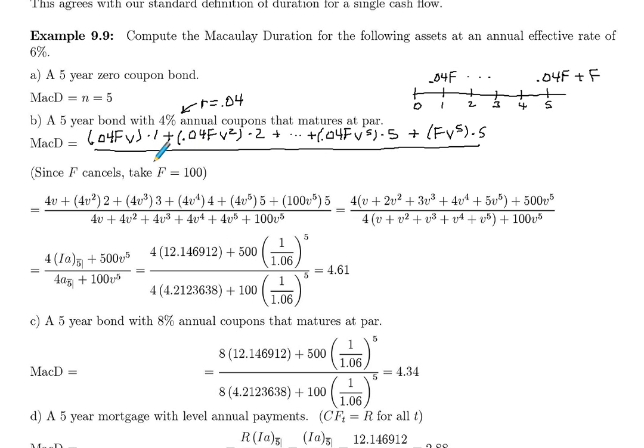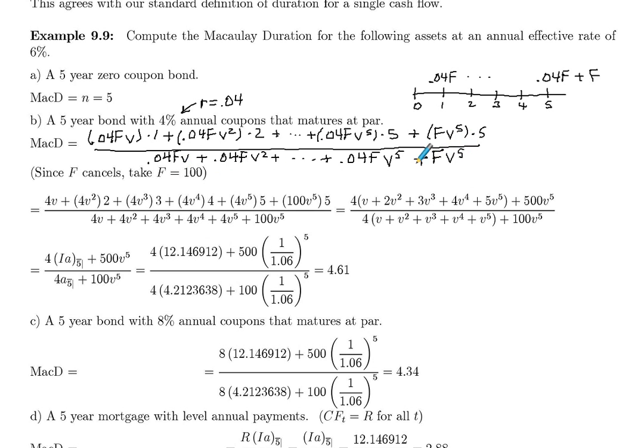So the sum of the cash flows here is going to be 0.04F v plus 0.04F v squared plus ... up to that last coupon payment, 0.04F, and it's at time 5, so discount with v to the 5th, and then our redemption F is discounted with v to the 5th.